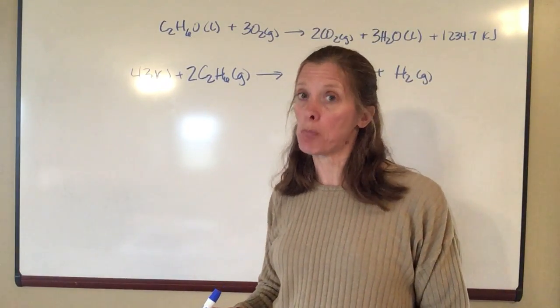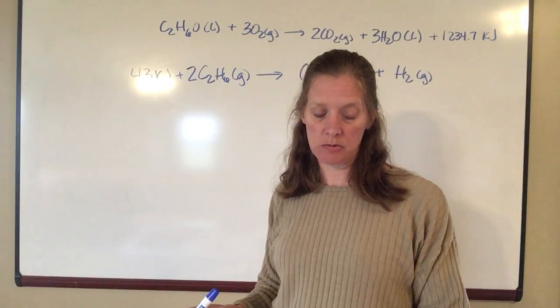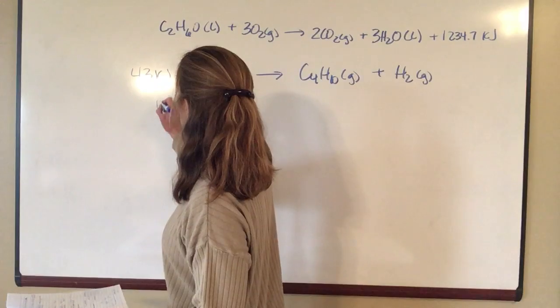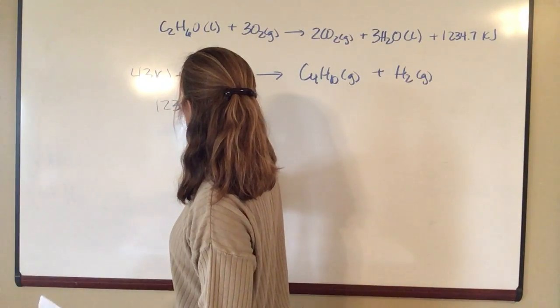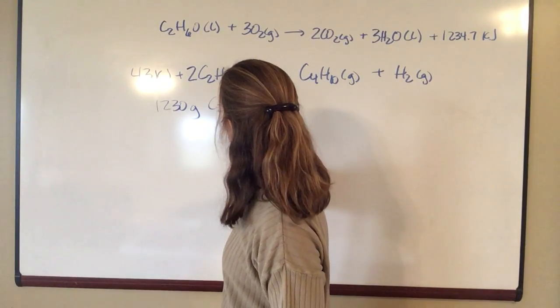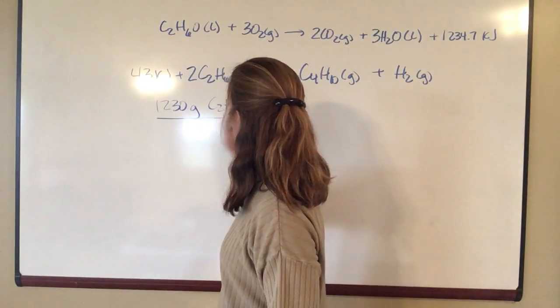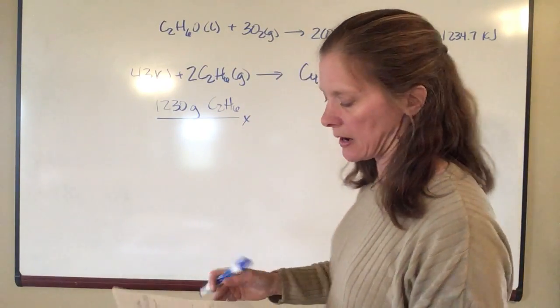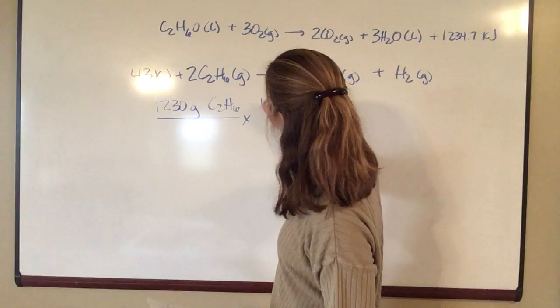If I'm going to convert it to moles, I've got to convert that to grams. Well, 1.23 kilograms is the same as 1,230 grams of C2H6 over 1.